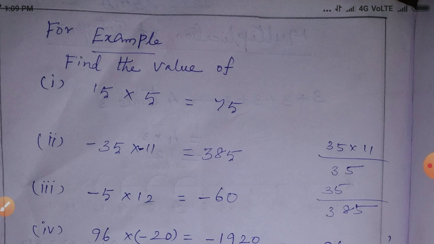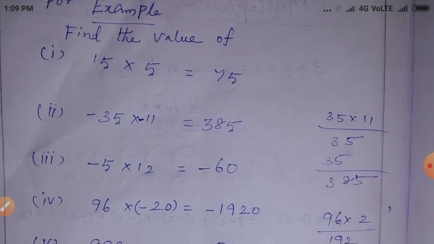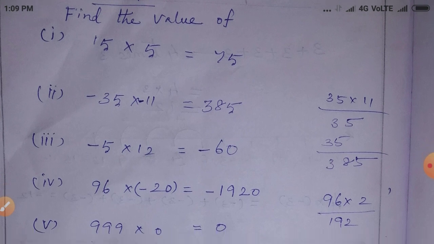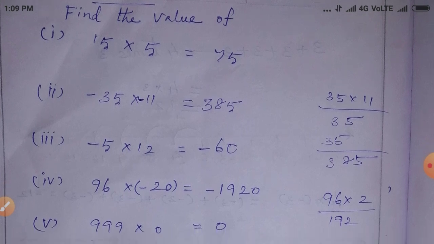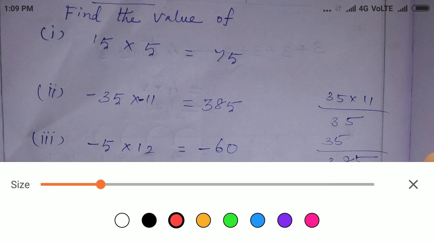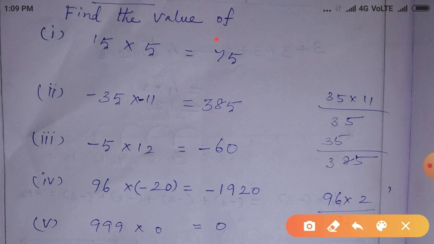Second one, minus 35 into minus 11, that is minus into minus is plus, 35 into 11. 1 times 5 is 5.